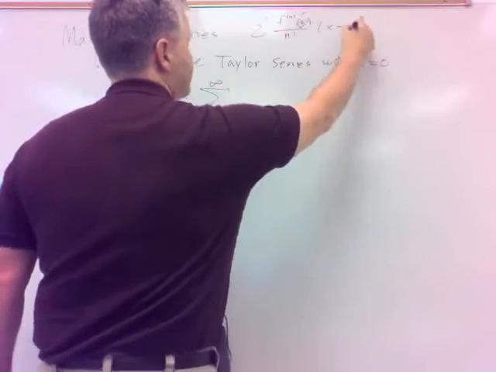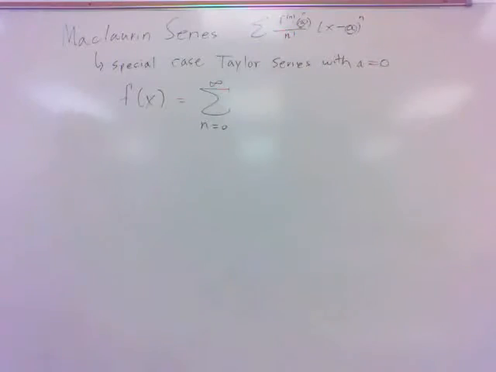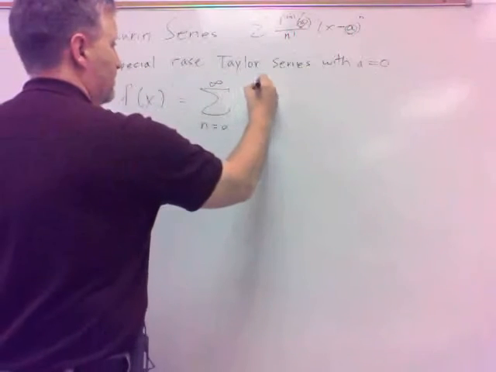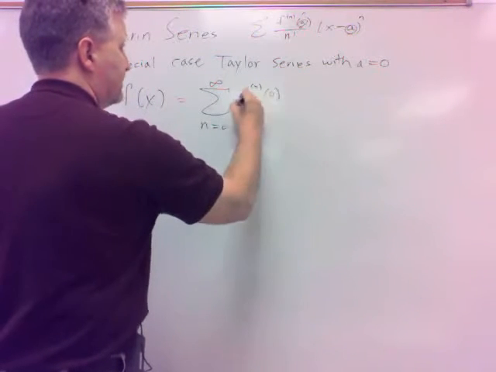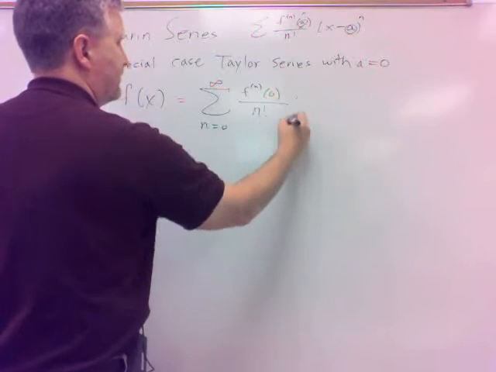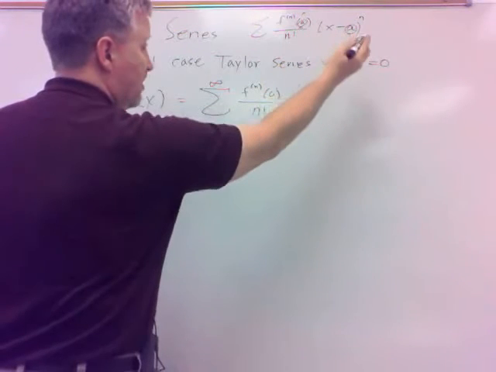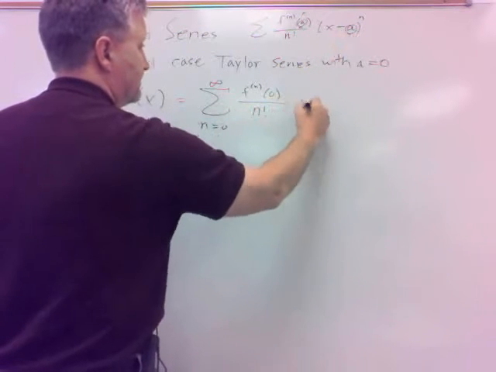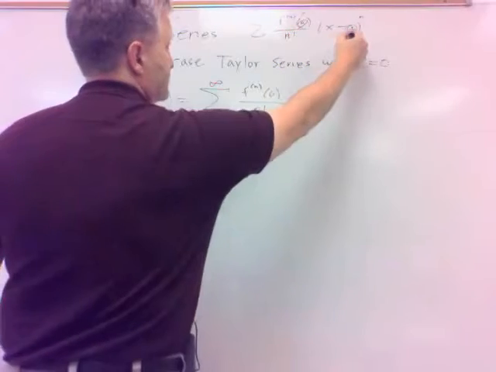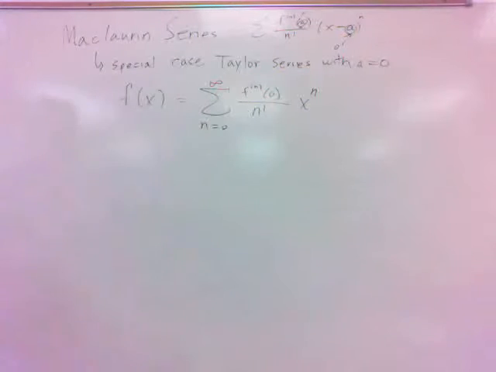But what we're saying is a is 0. So I need to find the nth derivative at 0 formula, divide that by n factorial, and then x minus 0, hey, that's just x to the n, isn't it? Since a is 0, that last part is just x to the n. So when they want the Maclaurin series, this is what you go with.